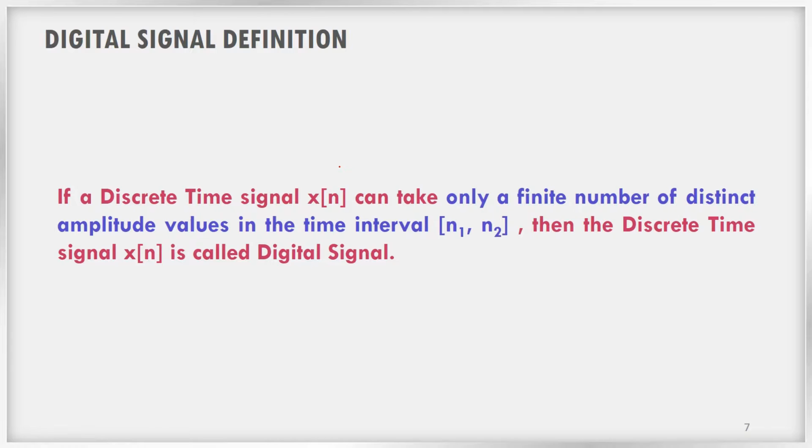Now let us see the formal definition of a digital signal. If a discrete time signal, see this is very important, the definition starts with a discrete time signal. Already it is sampled.